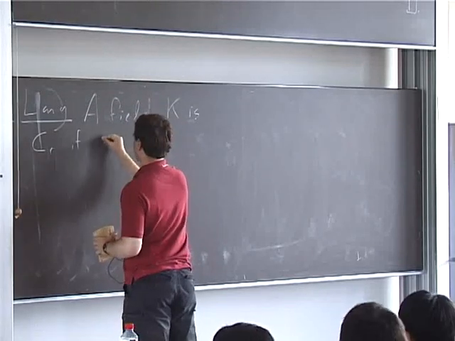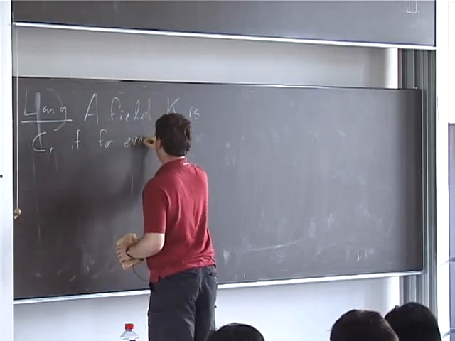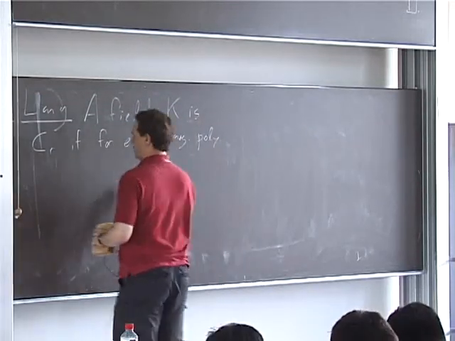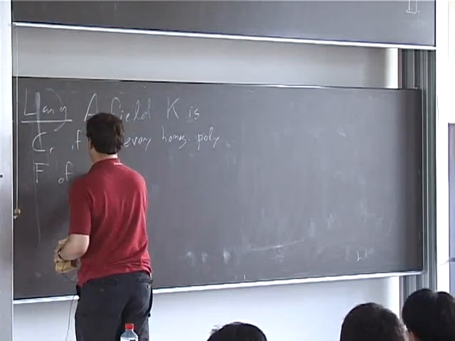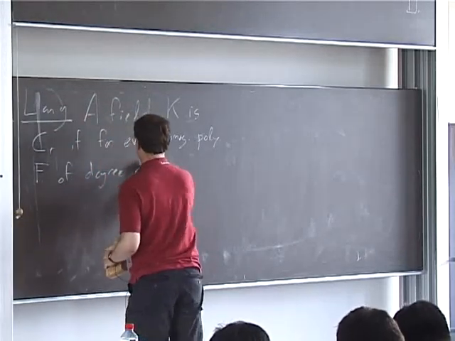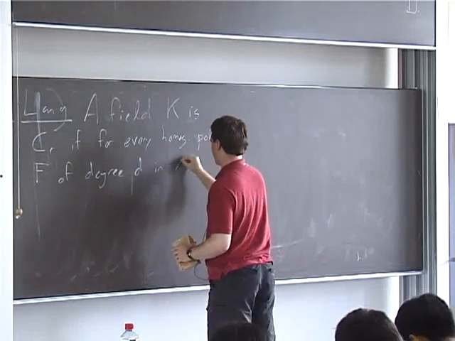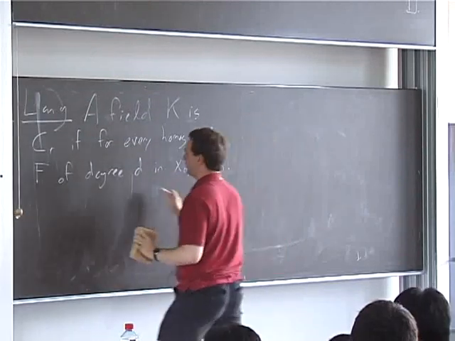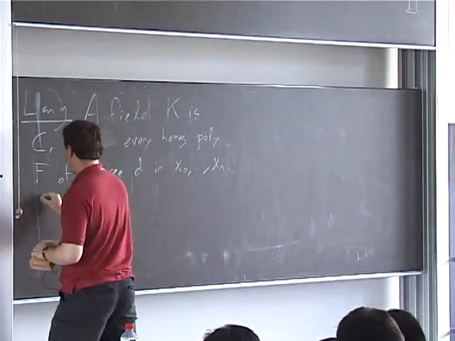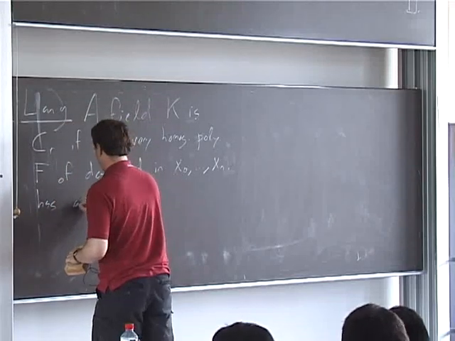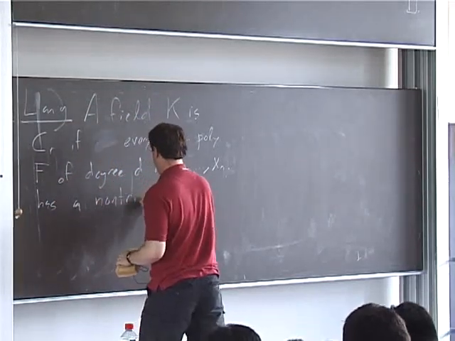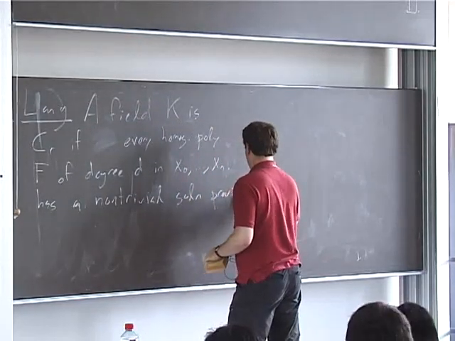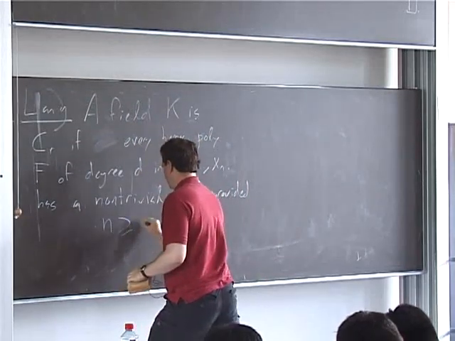So it's CR if for every homogeneous polynomial f of degree d in n plus 1 variables, I'm sorry, it's CR if every homogeneous polynomial has a non-trivial solution, provided n is bigger than or equal to d to the r.